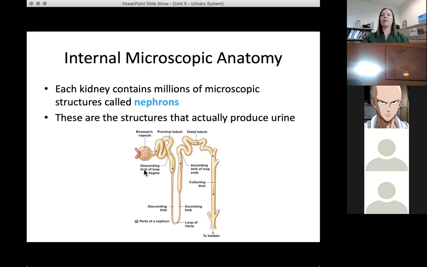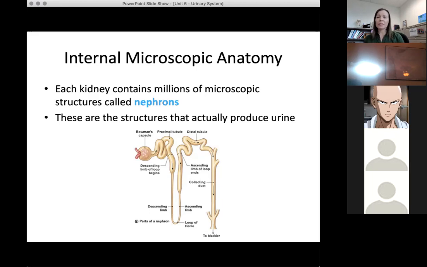Also, if you look at the nephron, there are two distinct areas. This first area right here is called the renal corpuscle. The rest of it, this long twisted tube, is called the renal tubule. And then the function of the nephron, which you can fill in on your outline, there's a space for that, is that they filter blood.